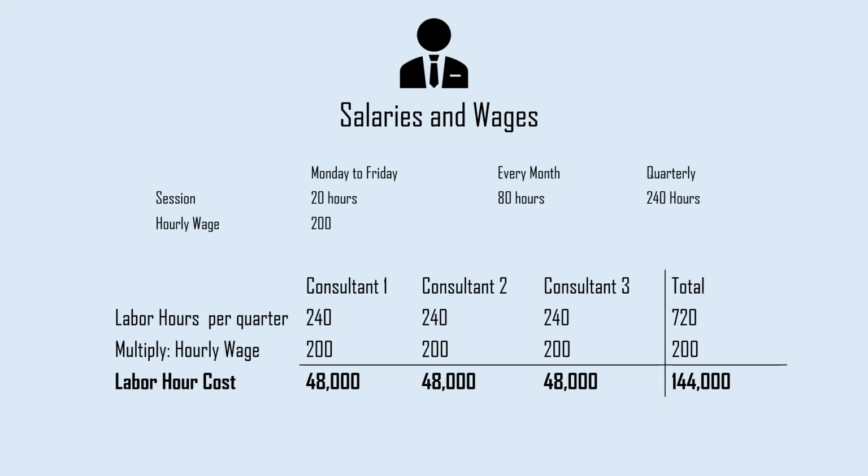The computation is a uniform amount for all 3 consultants because of the fixed hourly wage and the fixed working hours. So the labor hours per quarter, as I mentioned, is 240, which we multiply by the hourly wage of 200. There is a fixed and uniform amount of 48,000 for each consultant, which we multiply by 3 for a total of 144,000 for all 3 consultants for our salaries and wages.